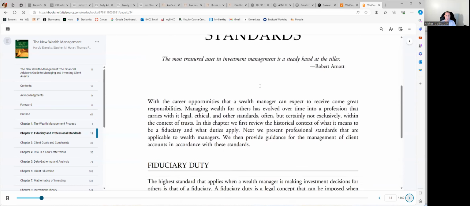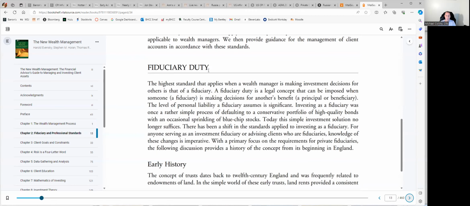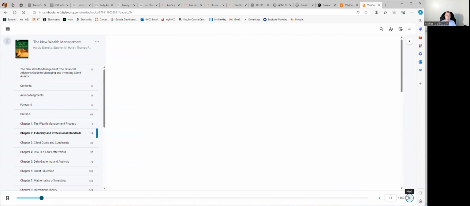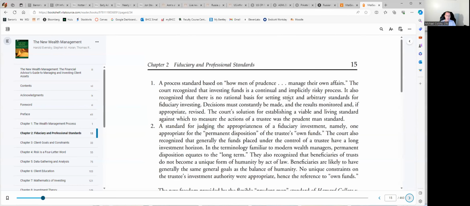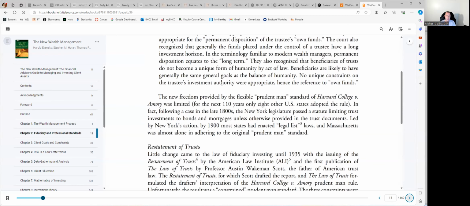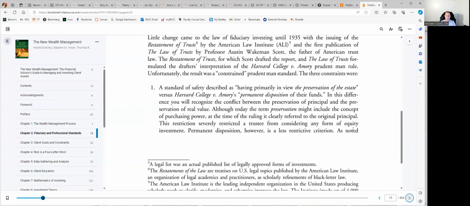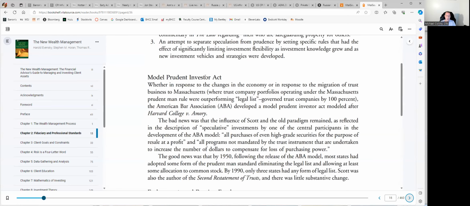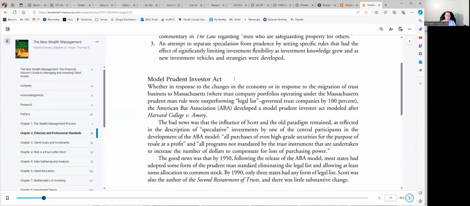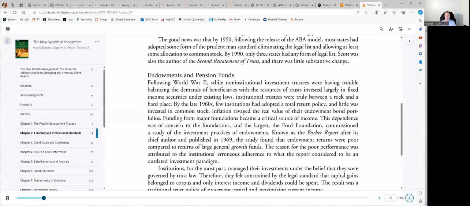Chapter 2, fiduciary and professional standards. Be familiar with the term fiduciary duty. Also be familiar with the Model Prudent Investor Act. That's a low likelihood I'll ask that.